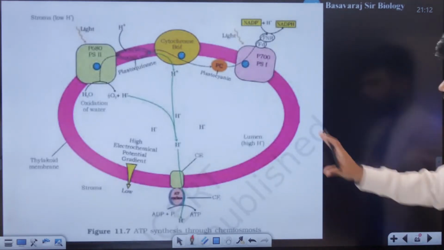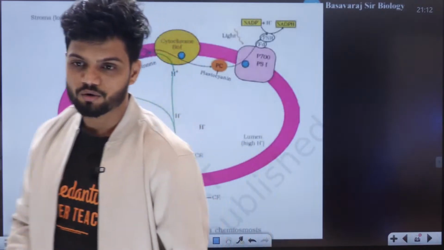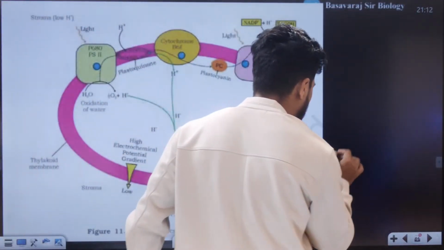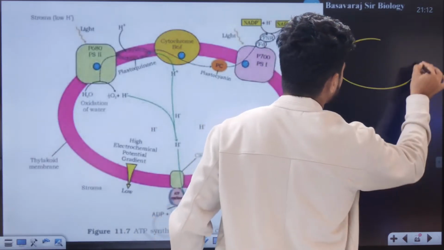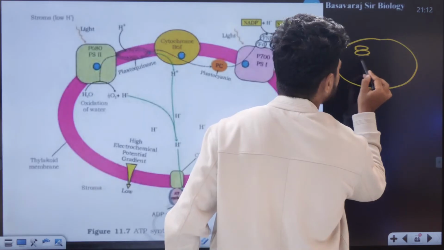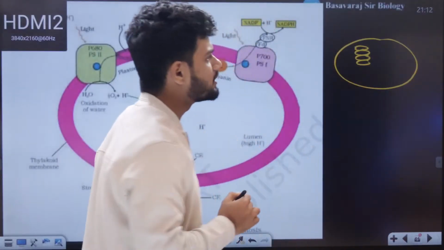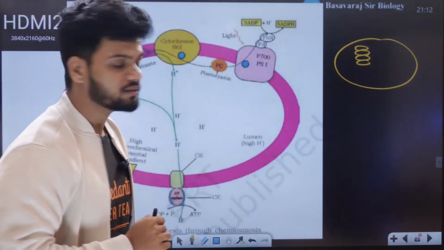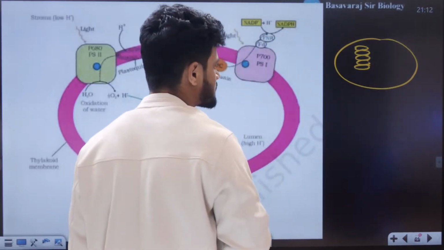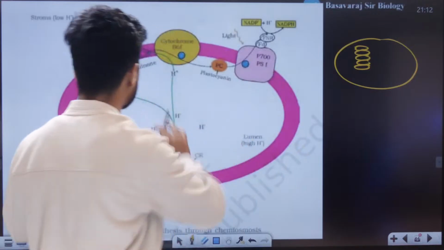Okay. Now, what is the structure right here? Understand. All of you remember the chloroplast? In chloroplast, there are thylakoids. The entire stack is called grana. There were multiple thylakoids. Can you see this ring?